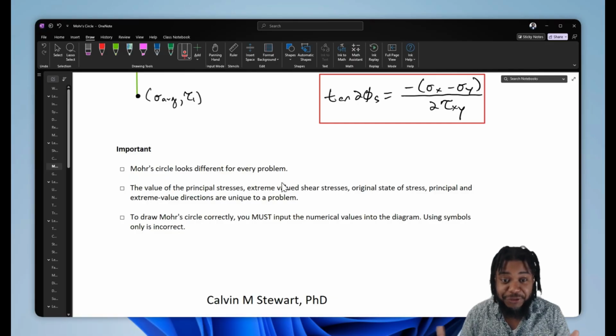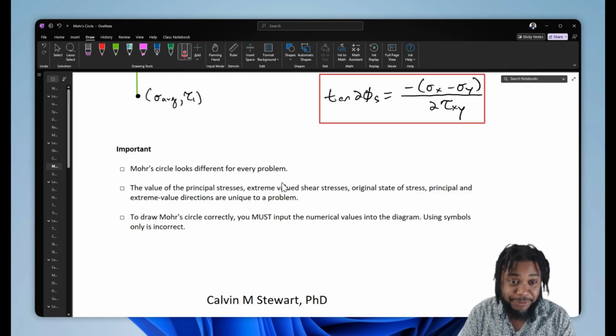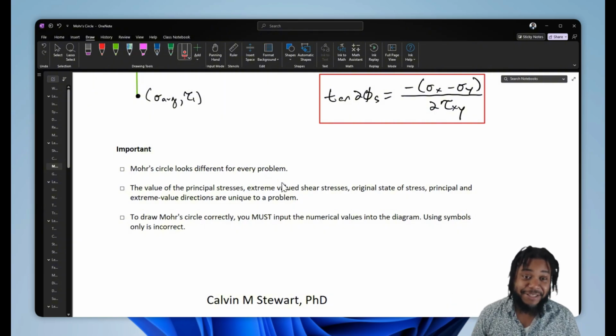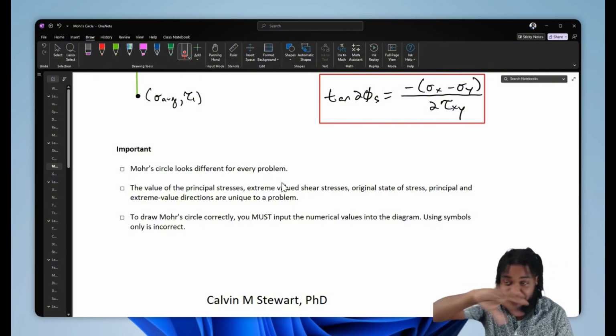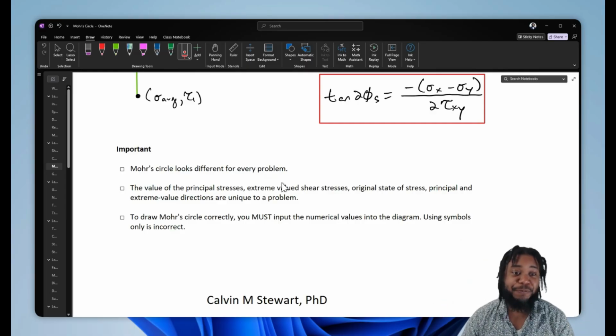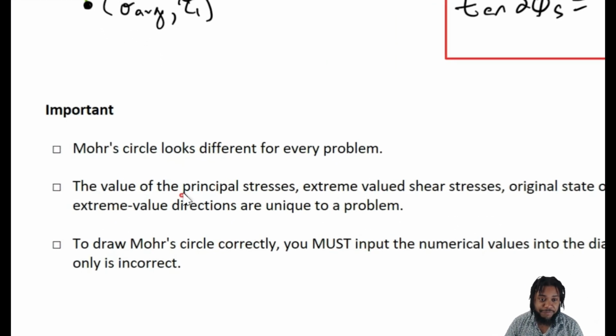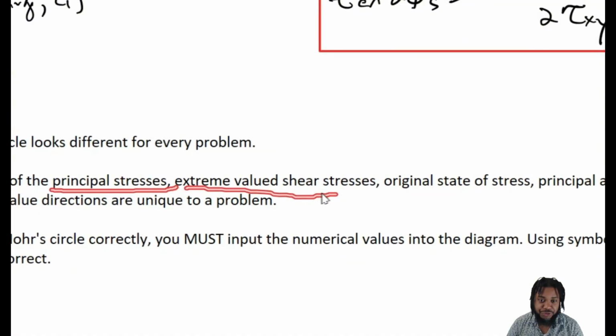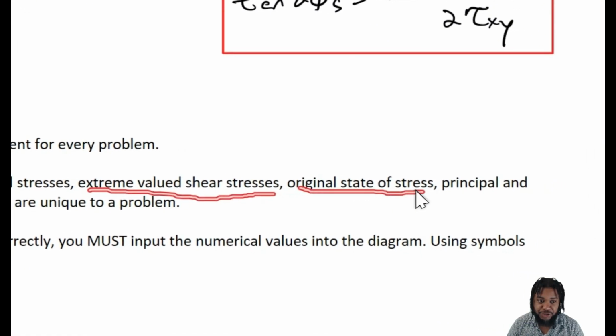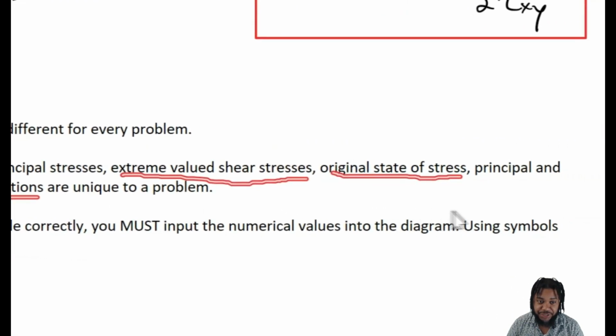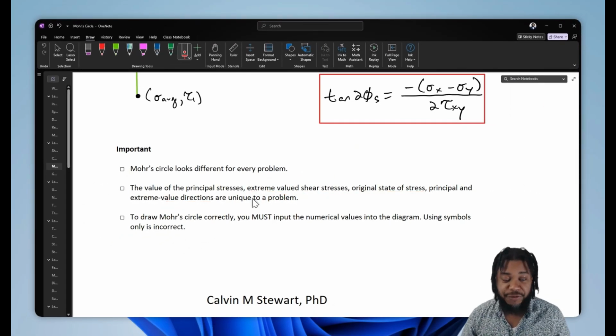The original state of stress from one problem to the next is going to be different, so it is not going to look exactly the same. That original state of stress line could be at any particular angle. The values of principal stresses, extreme value shear stresses, the original state of stress, and the directions that we get are also unique for every problem.